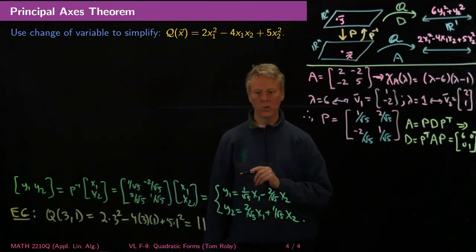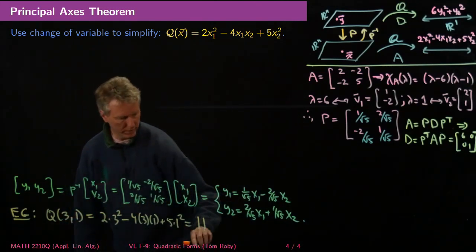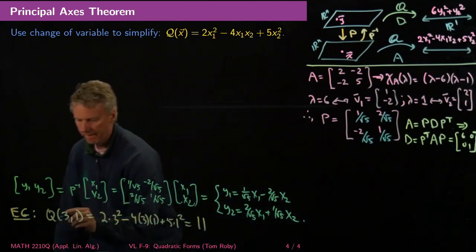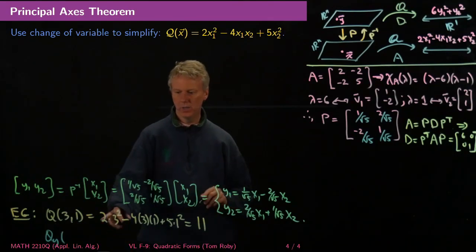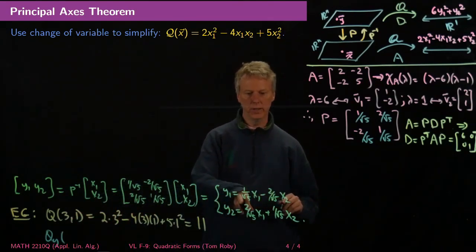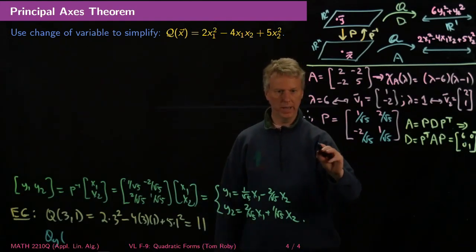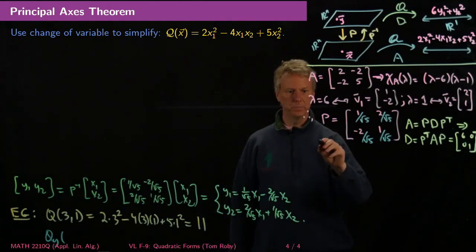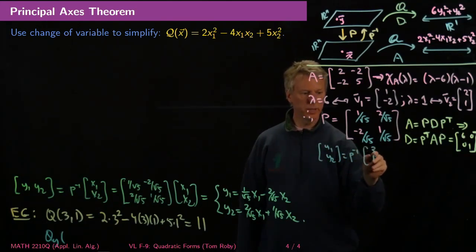Okay? On the other hand, if I think about q with respect to y coordinates, what should that be? Well, now 3, 1 here becomes, I guess I've got to compute this now, right? y1, y2 equals P inverse times 3, 1.